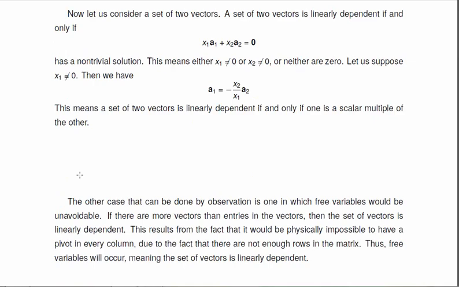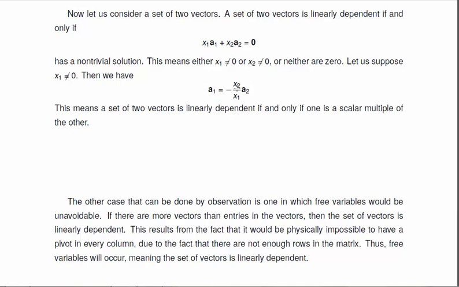Now let's consider two vectors. So two vectors are dependent if and only if x1a1 plus x2a2 equal to 0 has a non-trivial solution. This being non-trivial means either x1 can't be 0, x2 can't be 0, or neither one of them are 0. We'll suppose that it's x1 that is definitely not a 0. Well, in that case, I can solve for a1.